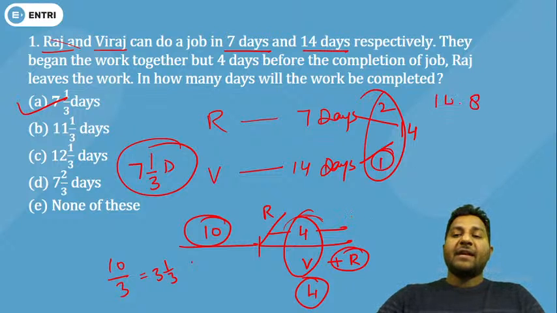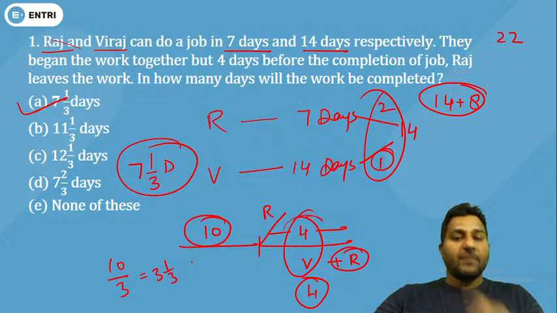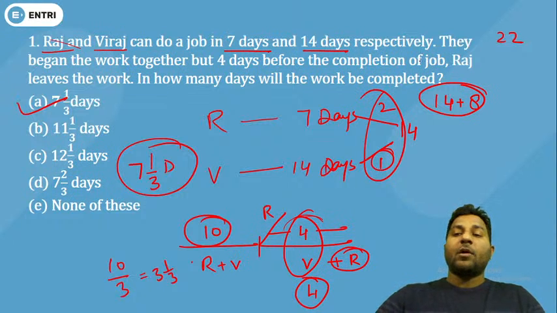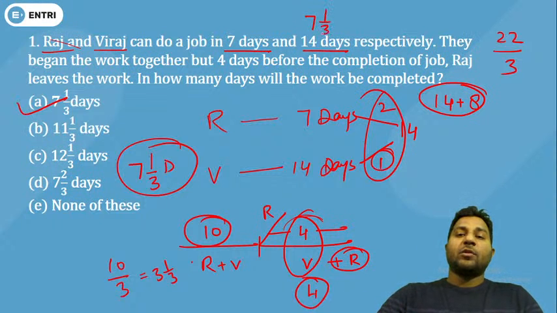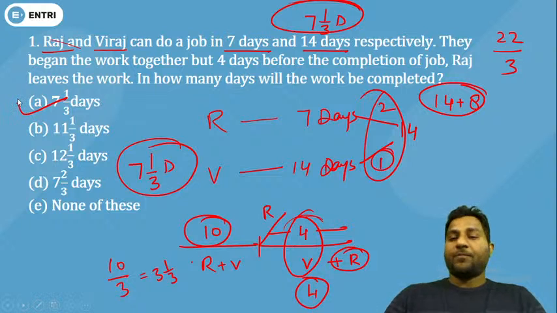So let's add 8 to 14 and your total work will become 22. But now both Raj and Viraj are working on all days, and their combined efficiency would be 3. So if you divide, we are balancing. So your final answer would be 7 whole 1 by 3 days for the total work. Got it?